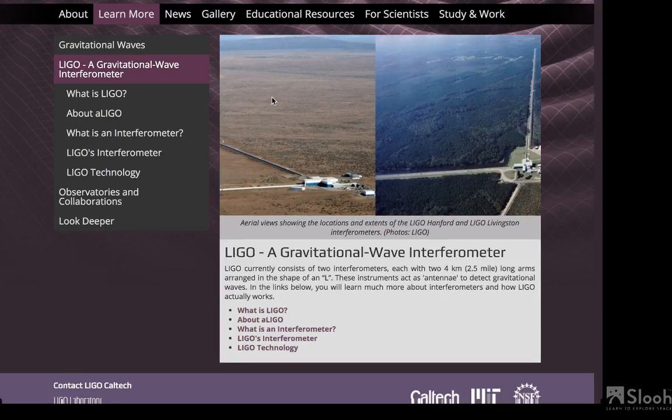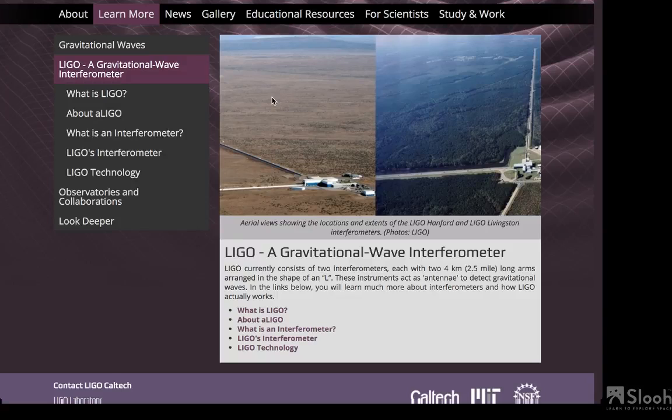Now, LIGO, the Laser Interferometer Gravitational Wave Observatory. I challenge you to say that 5 times fast. LIGO was built to detect gravitational waves, and it consists of 2 widely separated interferometers, both in the United States, one in Hanford, Washington, and the other in Livingston, Louisiana.